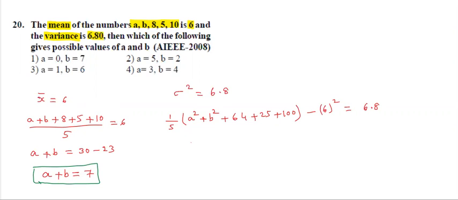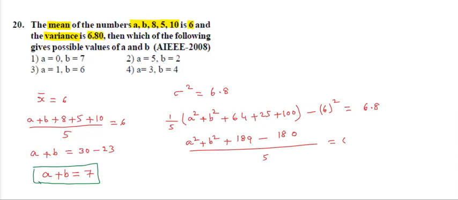Okay. Now a square plus b square, plus 100, 64, 25. How much? 189. 189 minus 6 square, which is 36. Take the LCM, 5 into 36. How much? 180 divided by 5.